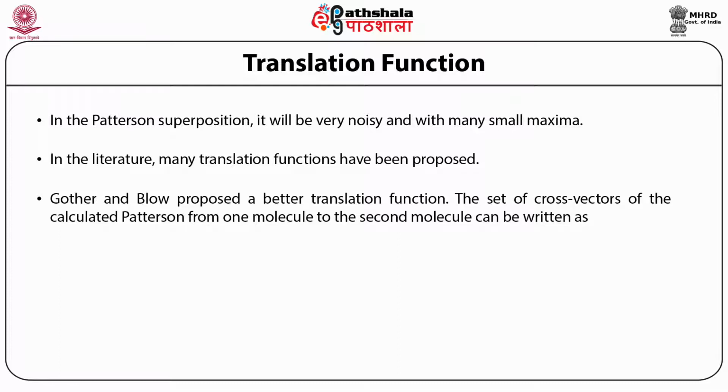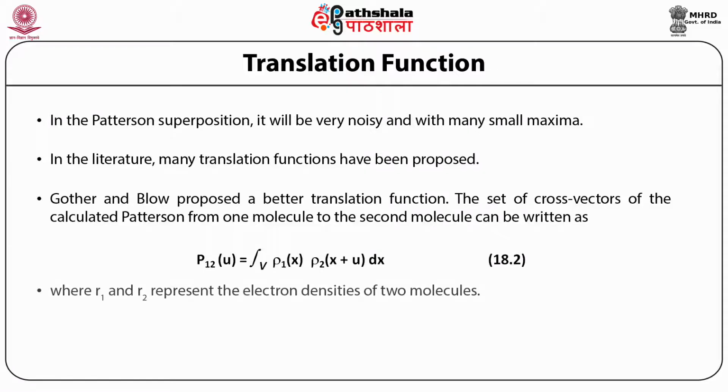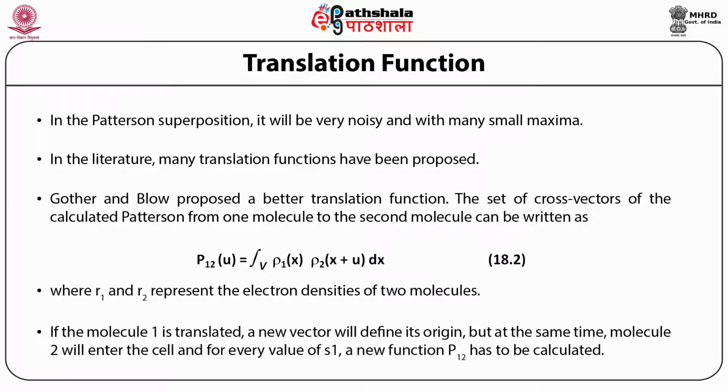The set of cross vectors of the calculated Patterson from one molecule to the second molecule can be written as P12 of U, which is equal to integral over the volume rho 1 of x times rho 2 of x plus u times dx, which we call equation 18.2, where rho 1 and rho 2 represent the electron densities of two molecules. If molecule 1 is now translated, a new vector will define its origin, but at the same time, molecule 2 will enter the cell, and for every value of the shift S1, a new function P12 has to be calculated.